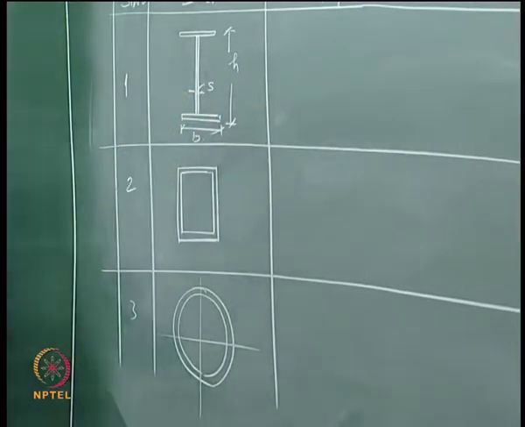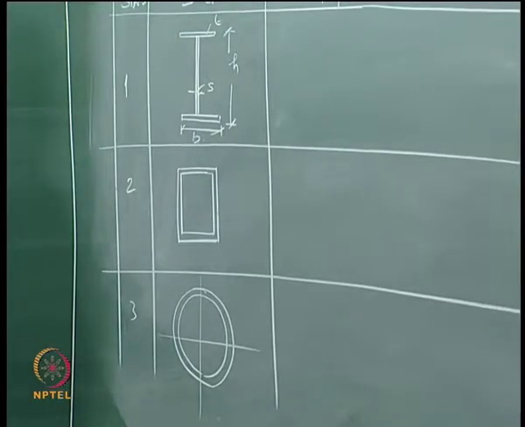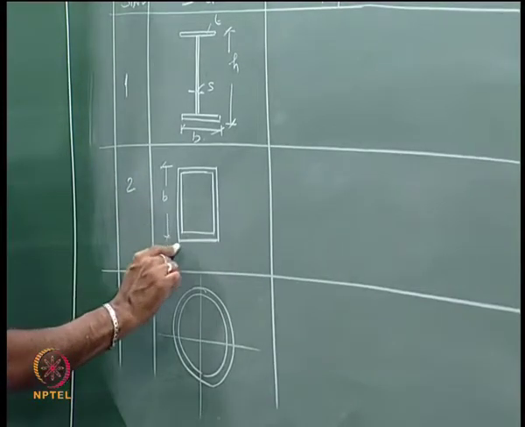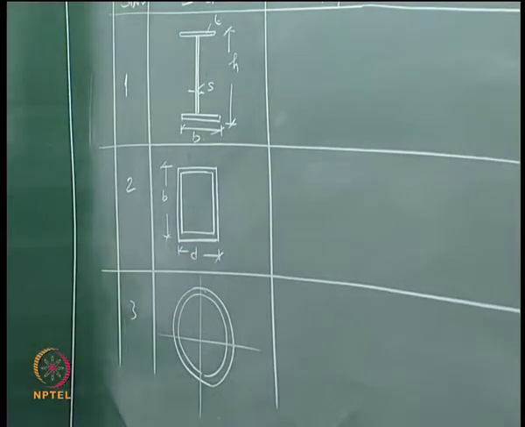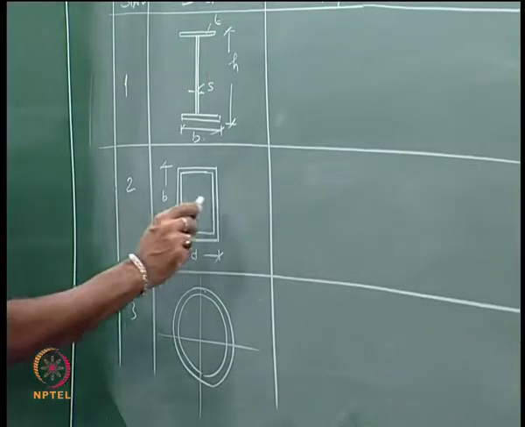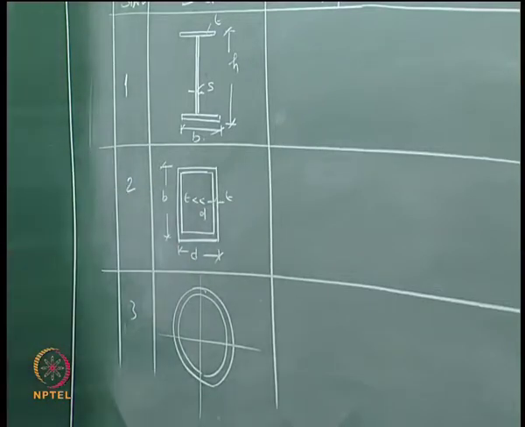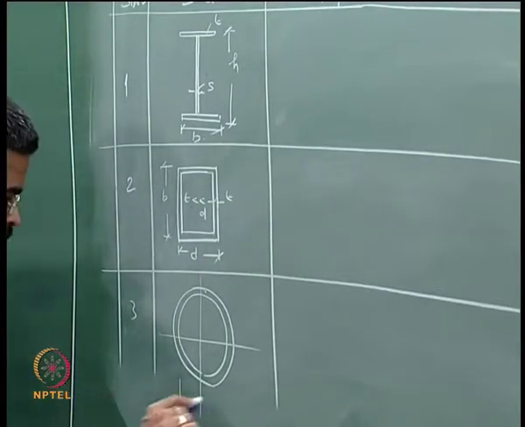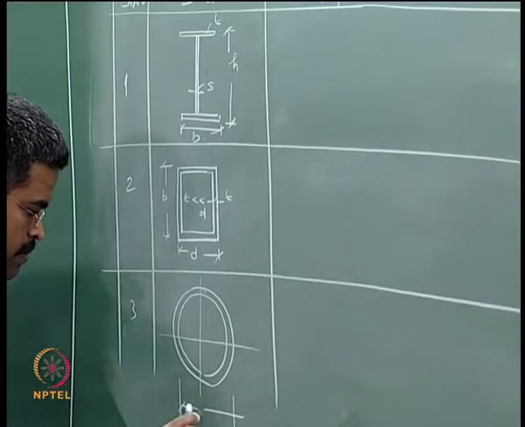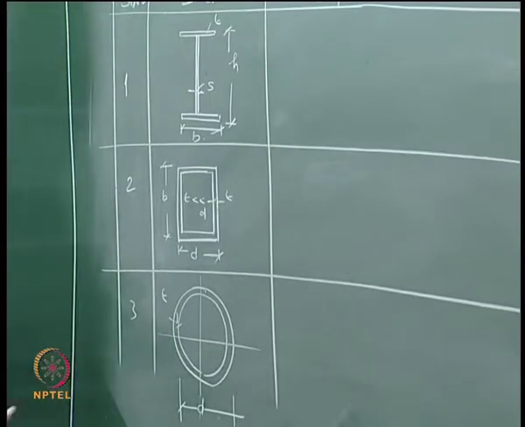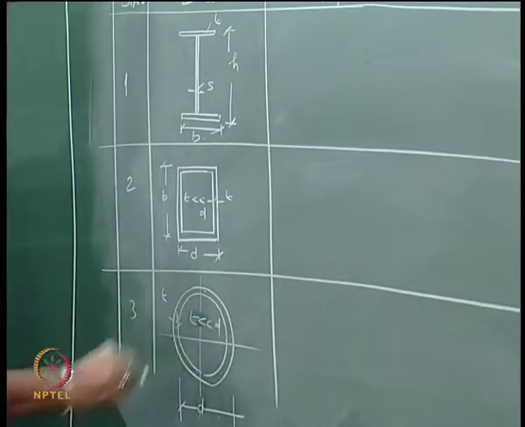And I call this thickness S, and of course this thickness T. For this section, let us say this is my B and this is my D and this is T, and of course we know T is very less than D, it is a thin walled section. For this section this is the diameter D, and of course the thickness of the section is T, and we also know that T is much lower than D.